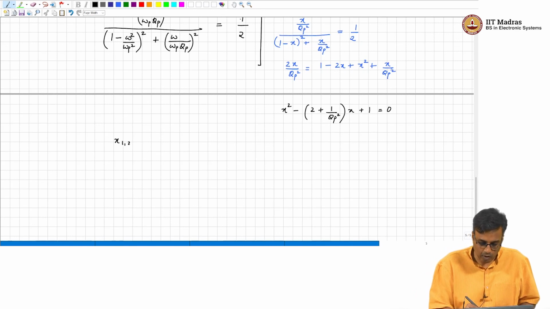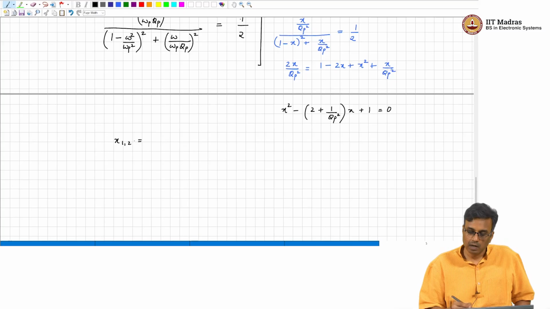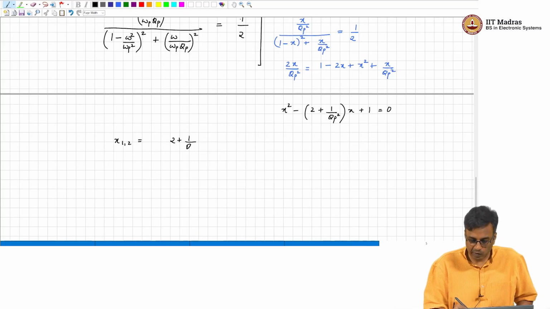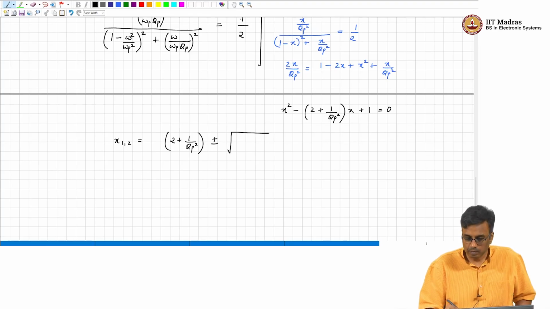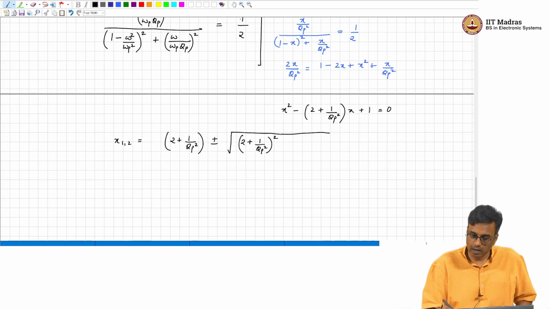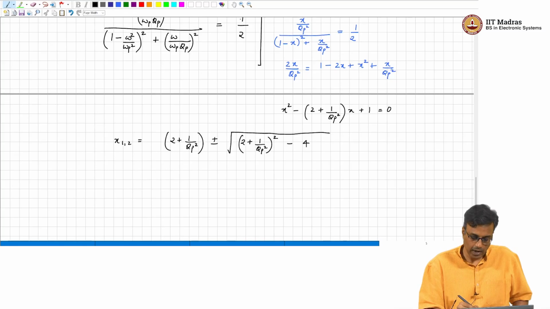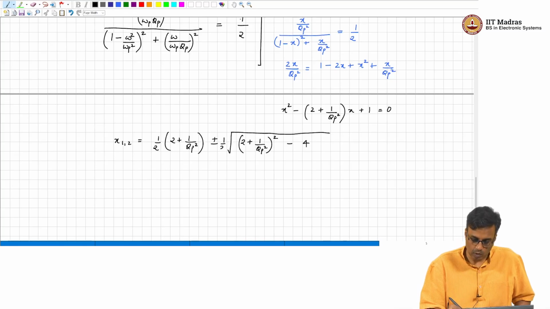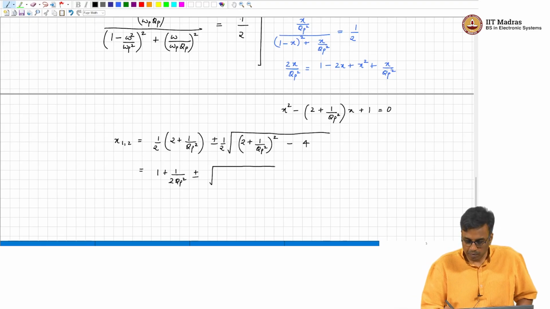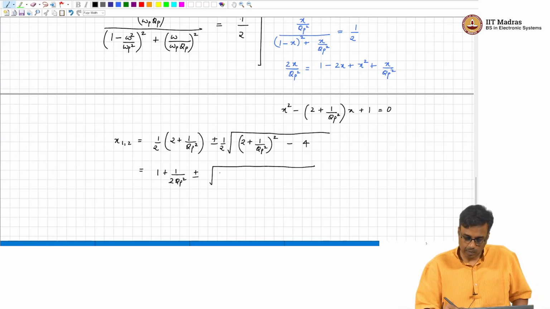So what is x now? x1, x2 are the two roots of this equation, and they are 2 plus 1 over Qp square, plus minus the square root of 2 plus 1 over Qp square whole square minus 4, divided by 2a. So it's basically 1 plus 1 over 2 Qp square plus minus the square root of the following.